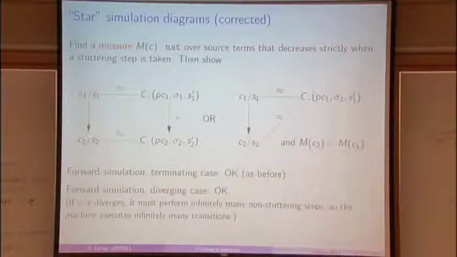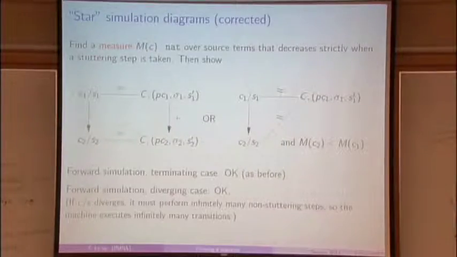So if we have one reduction that is simulated by at least one transition of the virtual machine, then we don't put any constraint on the measure. And the idea is simple: because of that measure, you cannot take infinitely many stuttering steps. At some point, the measure will drop to 0, okay? That case doesn't apply, and you must be in that case, so the machine must make at least one step.